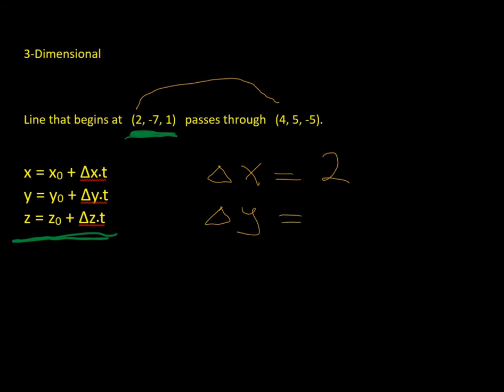What's y doing? Well, it's increasing by quite a bit. From -7 to 5 is an increase of 12. And z, what is the change of z? z is decreasing by 6.